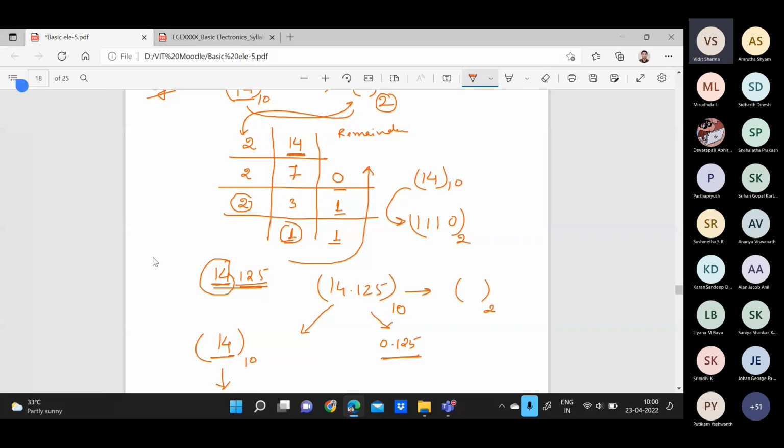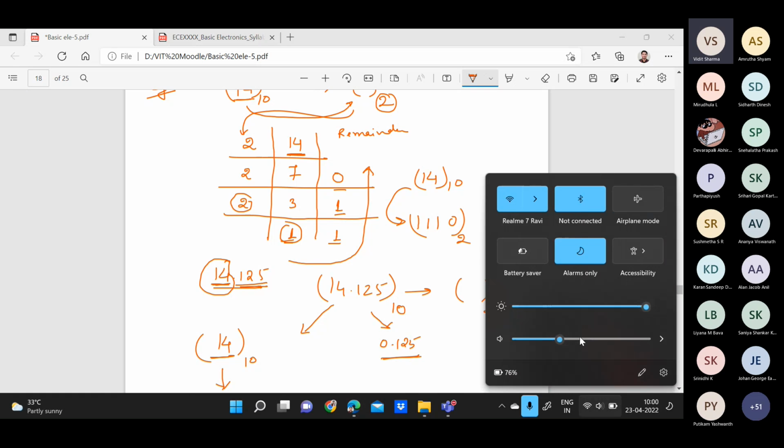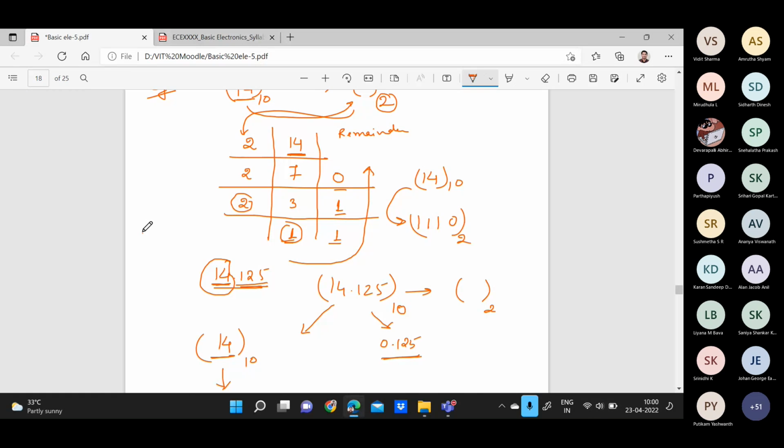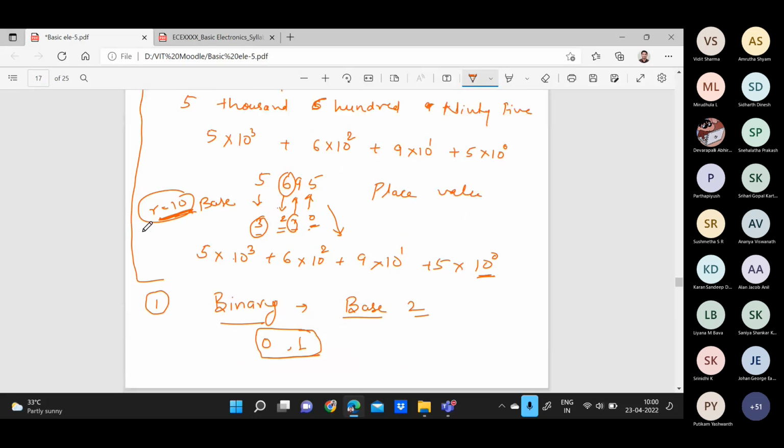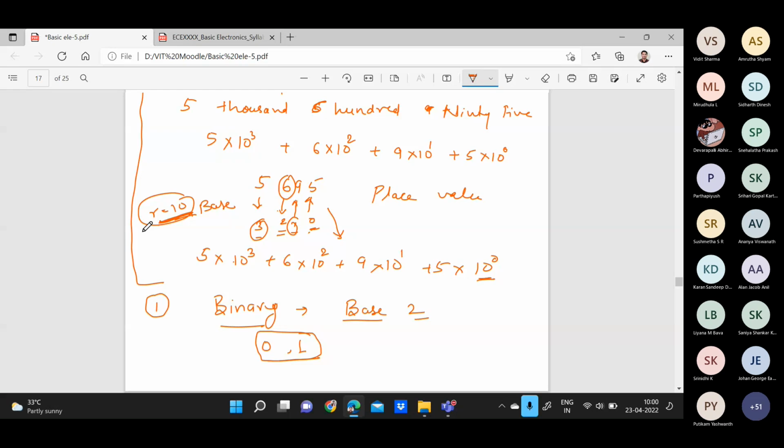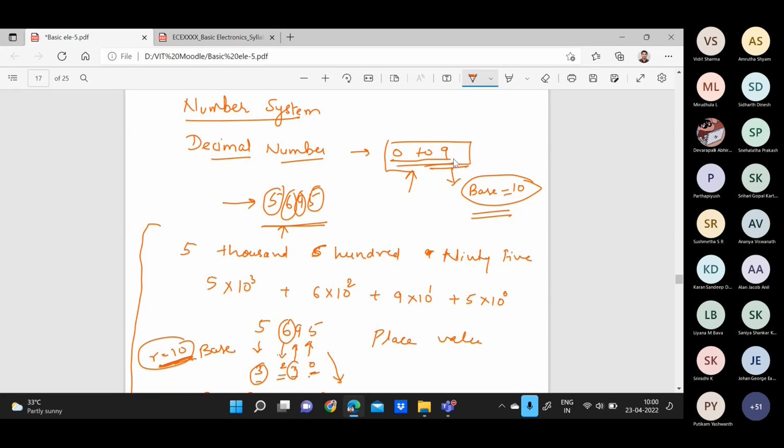Sir, what does 10 signify here? What does it really mean? 10 is the base. That means how many digits we have to represent any number. In the decimal number system, we have 0 to 9 different digits, that is 0, 1, 2, 3, 4, 5, and so on up to 9.